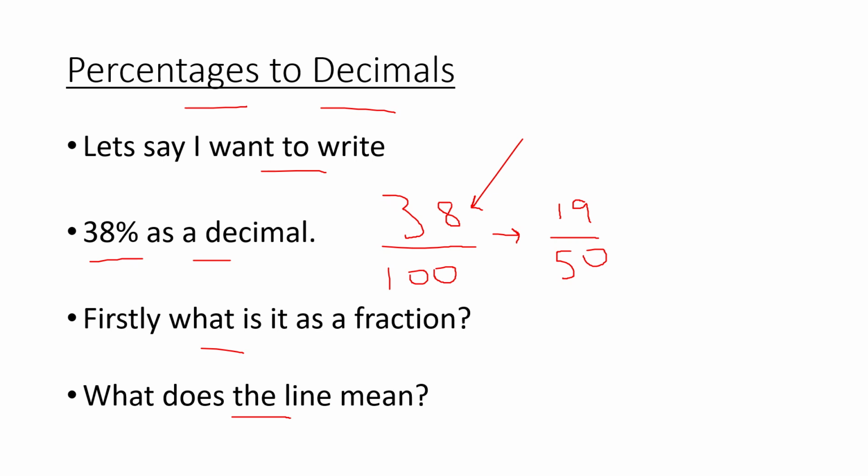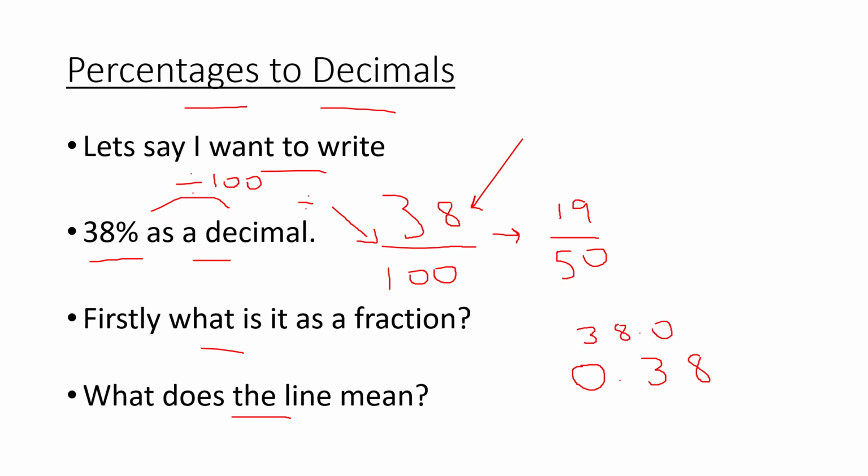Remember, this fraction line means a division. It means top divided by the bottom. So a percentage to a decimal, we divide it by 100. So we do 38 divided by 100, and when we do that, we get 0.38. Think of it as 38.0.